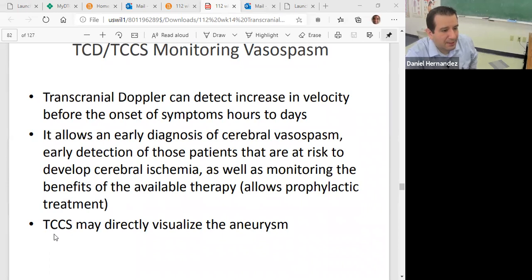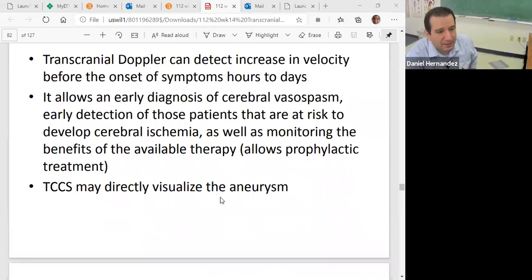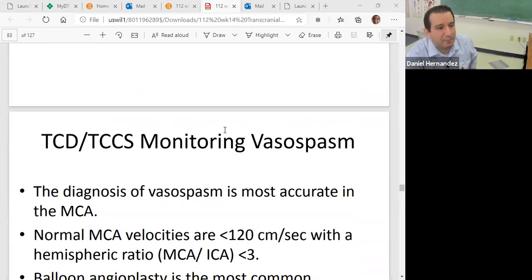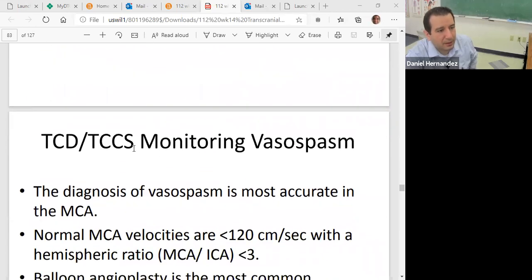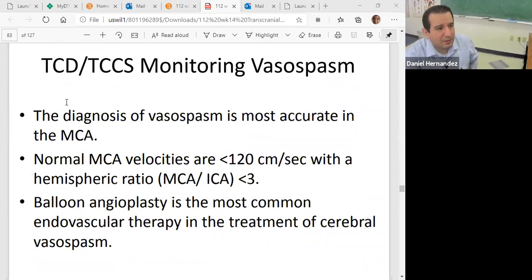And with TCCS, we may directly visualize the aneurysm in the brain. With TCD and TCCS monitoring of vasospasm, the diagnosis of vasospasm is most accurate in the middle cerebral artery.